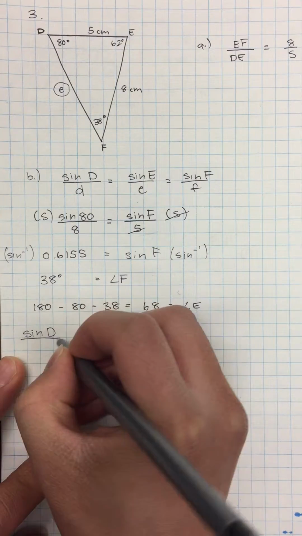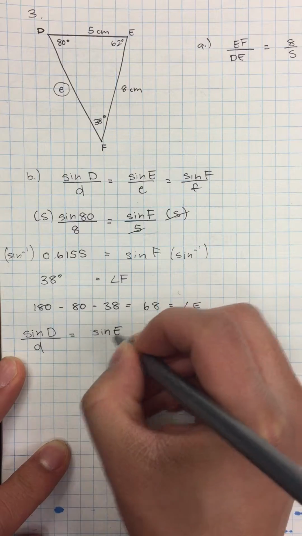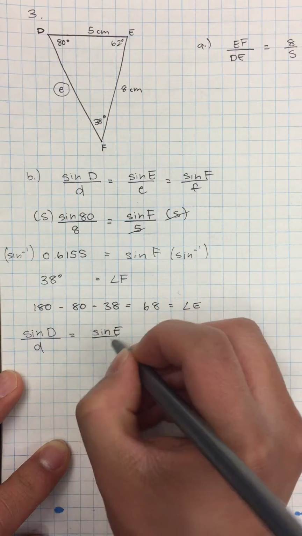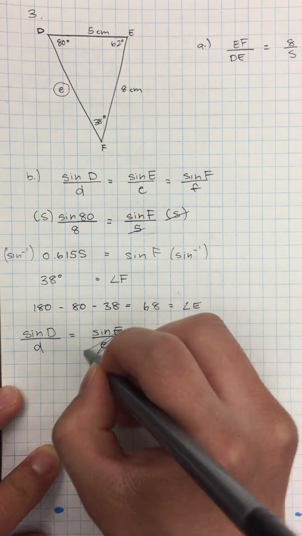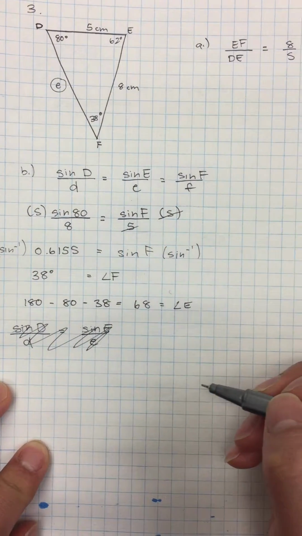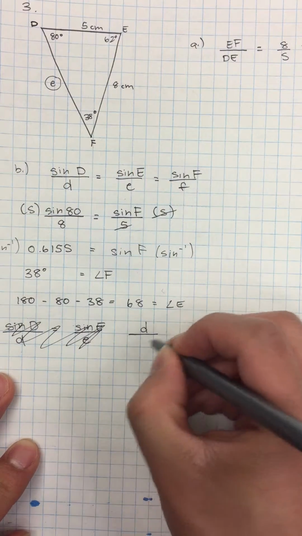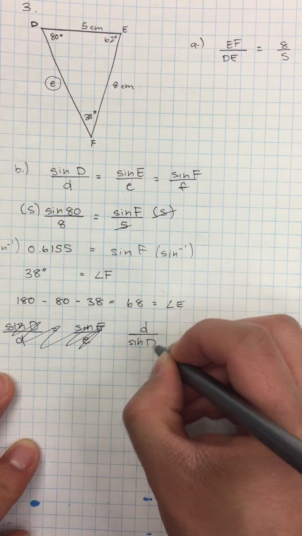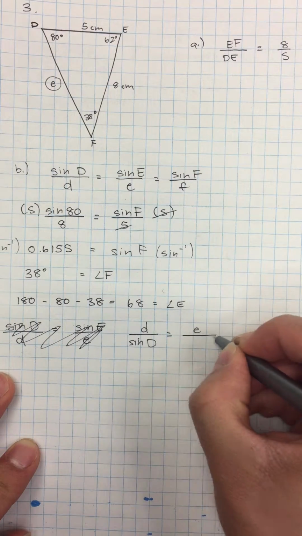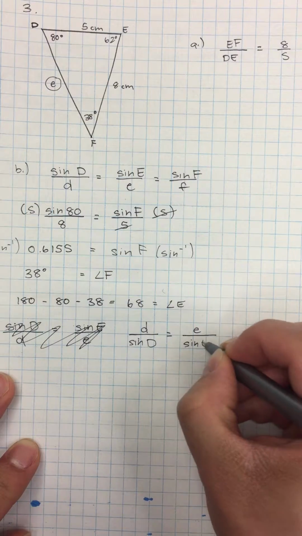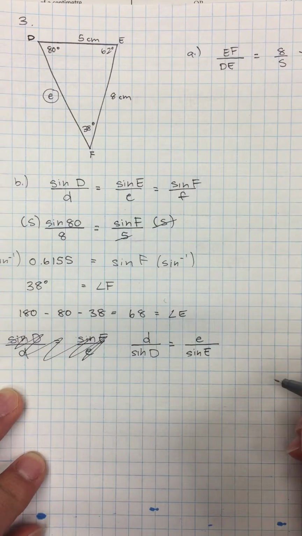Sine of D divided by D is equal to sine of E over E. Actually, scratch that out, because remember we're trying to find sides, so we put the sides on top. Sorry if I made a mistake there, and if I got you guys to erase it, but that's okay.